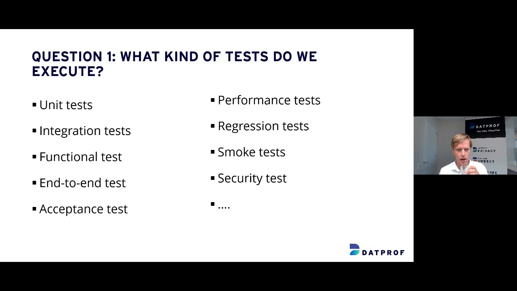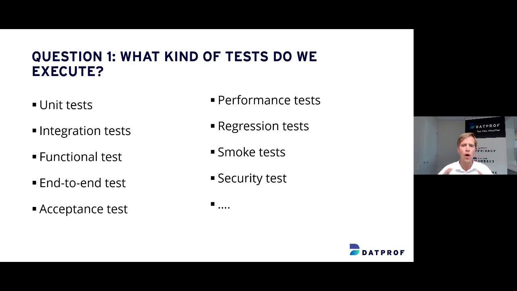What I then did is I mapped these to the need for test data that is representative of production. So I tried to map the different tests that we have to the level of need that you will have for representative test data.